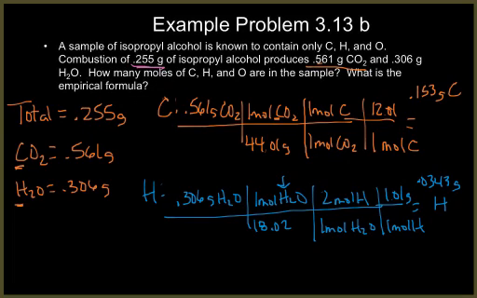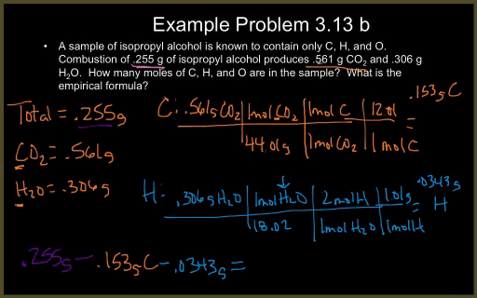Okay, so then to get my oxygen, I have to go back to my total. So if my total was 0.255 grams, if I subtract out the carbon, and then I subtract out the hydrogen, I am left with the oxygen.